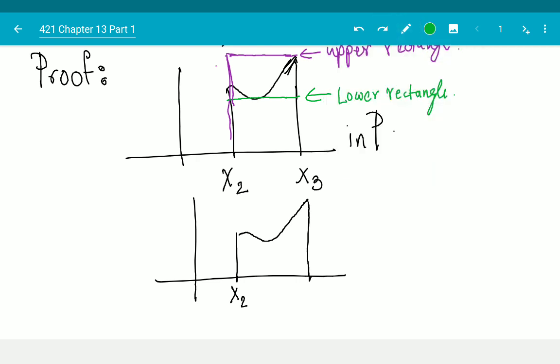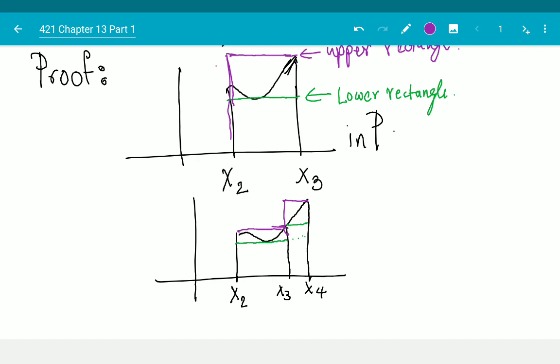Since my points don't need to be exactly in the middle, let me take that point x2, x3 here. It's just a finer partition. No one said that they have to be of the same height. Okay. Then my lower rectangles are these two, right? And my upper rectangles are 1 and 2.